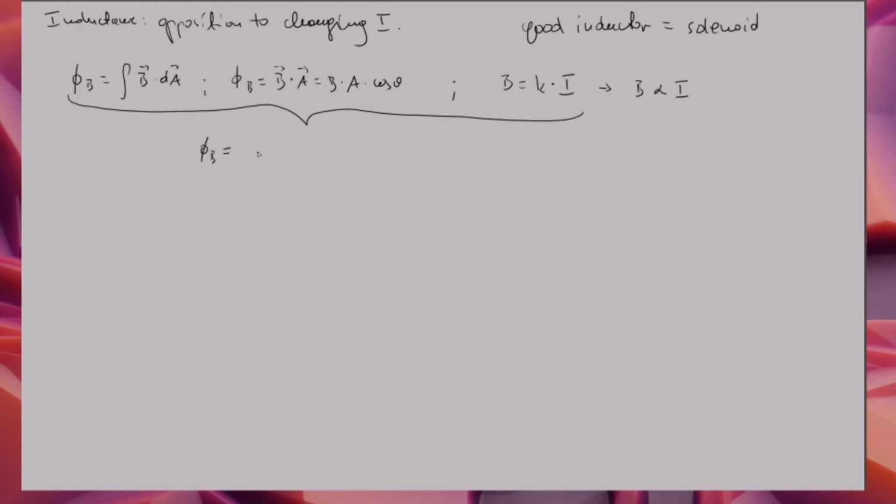And so you could write that magnetic flux is going to be some constant times the current I, and that's fine. If the magnetic field is proportional to the current I, and pretty clear that the flux is proportional to the magnetic field, then you're justified in writing this. So L would be some kind of a constant of proportionality. For the moment, I'm just going to write that L is a constant of proportionality.